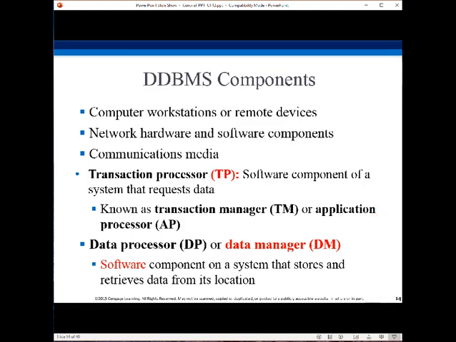So some of the components that we have in a database management system are the transaction processor.